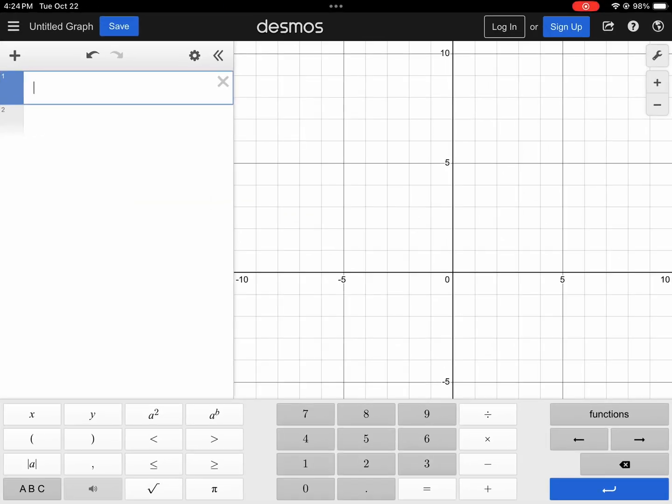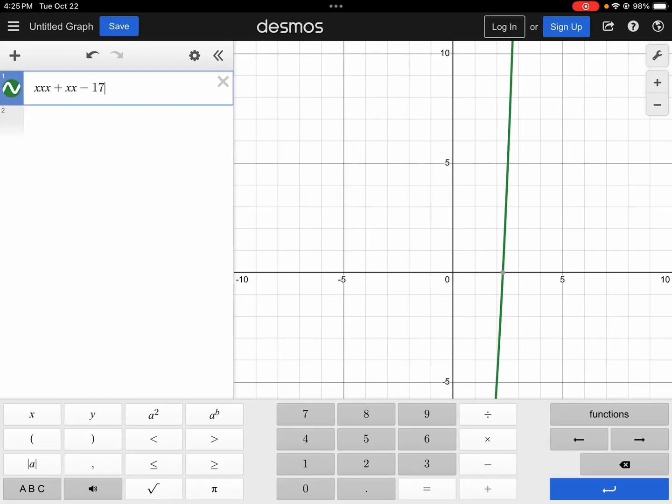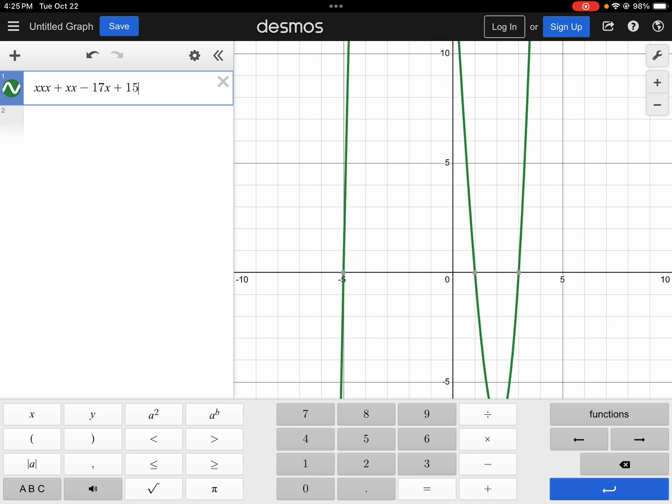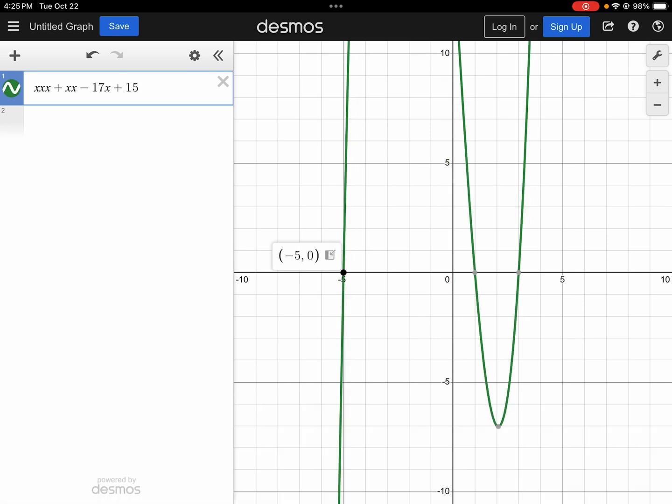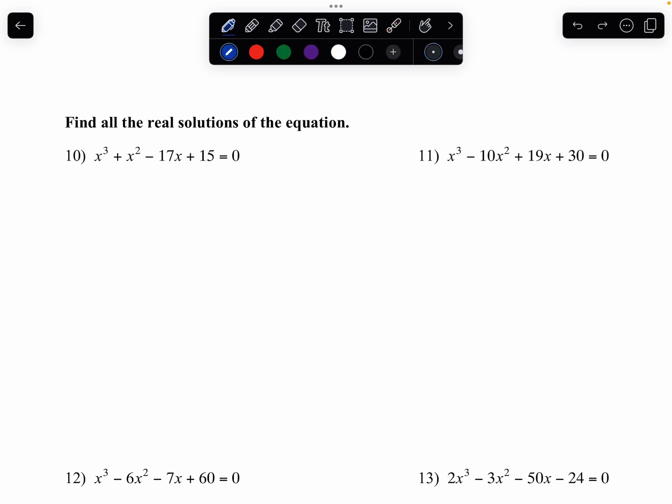So x to the third plus x squared minus 17x plus 15. The thing is, why it's cheating whenever you graph is because I can see all the zeros. So I can see the zeros are negative 5, 1, and 3. But I'm just going to pick one of them and find the rest through factoring.